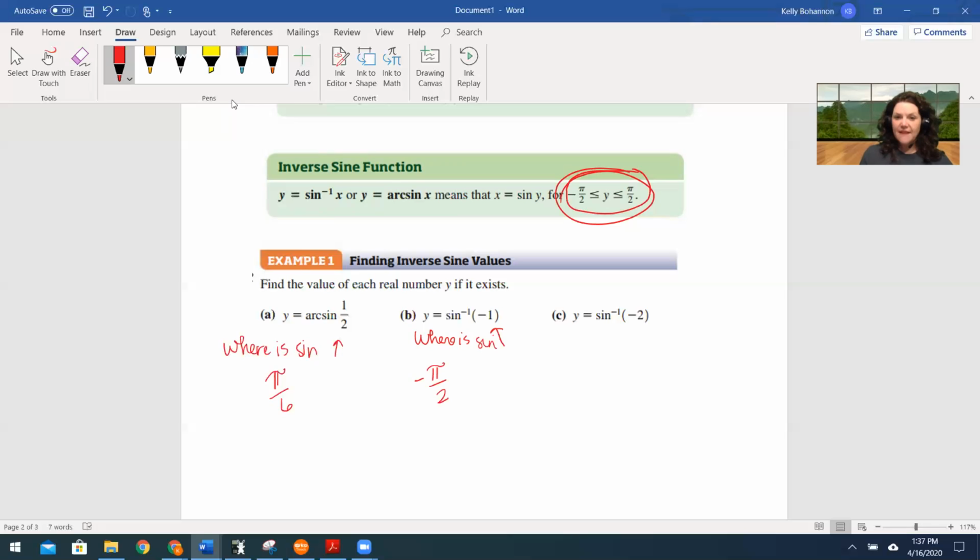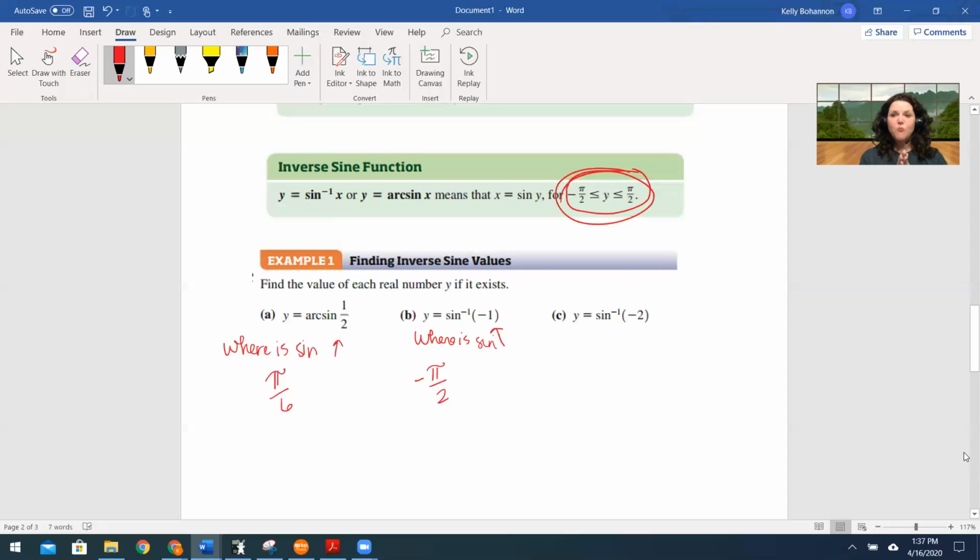And then the last one, y equals arc sine of -2, or the inverse sine of -2. Well, in this case, it doesn't exist. The way that you know that is because, remember, we switched x and y when we did the inverse.